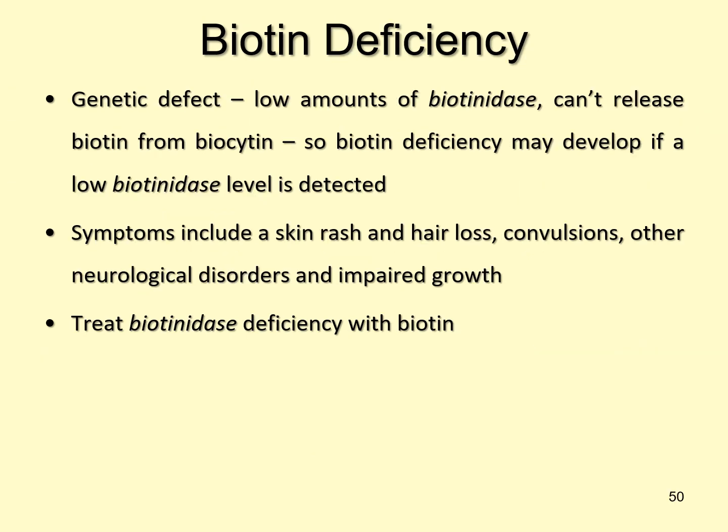Deficiency of biotin, or vitamin B7, can be associated with a genetic defect like a low amount of biotinidase, which can't release biotin from biocytin. So biotin deficiency may develop if a low biotinidase level is detected. Symptoms include skin rash, hair loss, convulsions, other neurological disorders, and impaired growth.